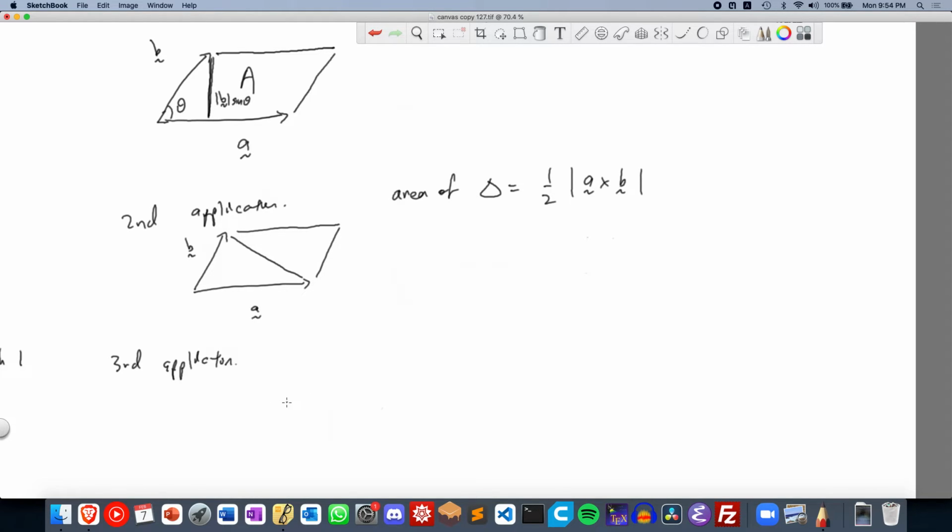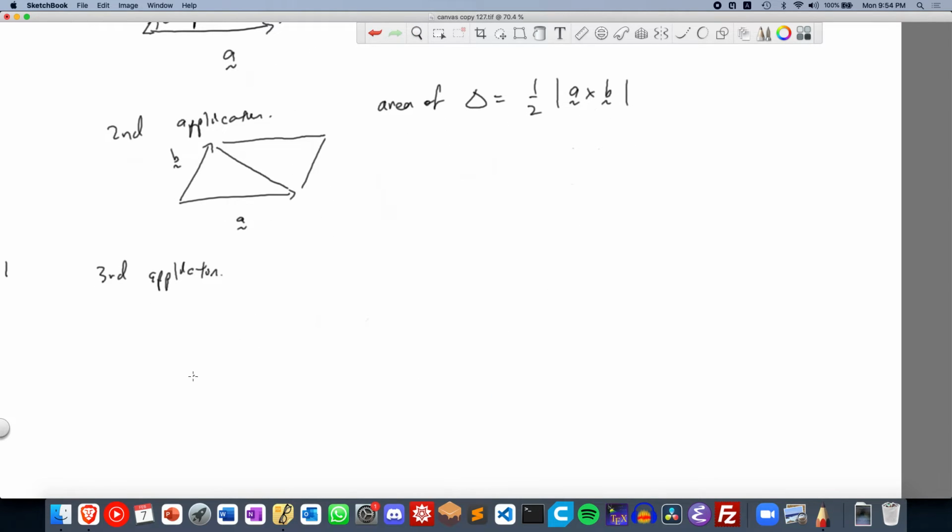The third application is in calculating the perpendicular distance from a point onto a line. Let's say I have a vector A and a vector B. Let's say this is the origin, and this is point B. What if I want to find the perpendicular distance from B onto OA?